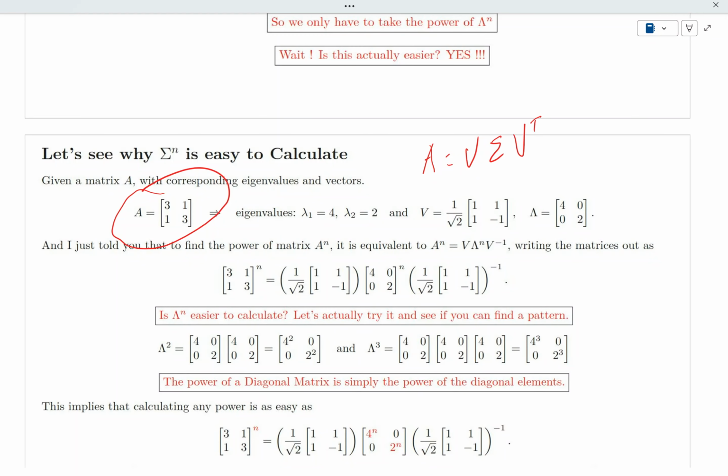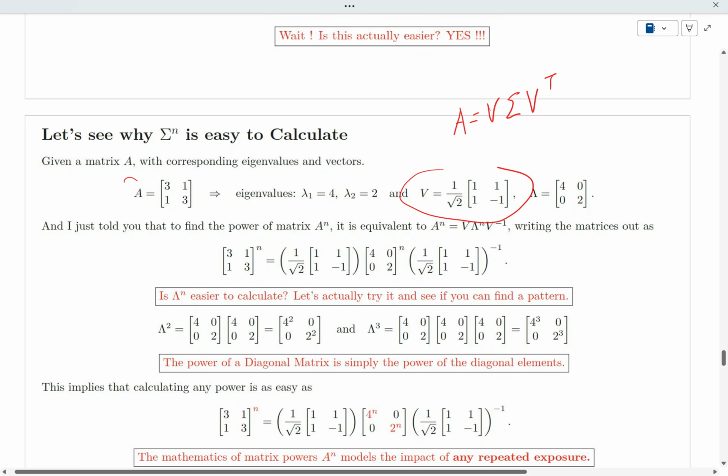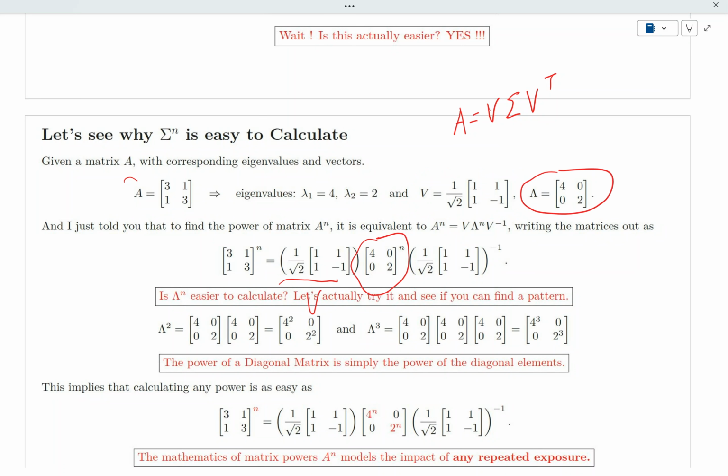Okay, let me write this again. A is equal to V sigma V transpose. So let's copy V here. V, this one is sigma, well, I call it lambda, so lambda, and then V inverse.